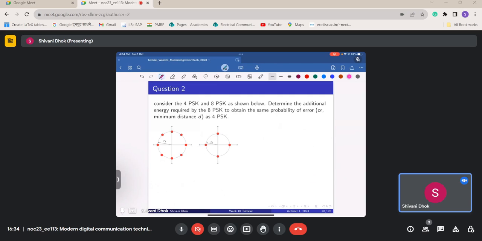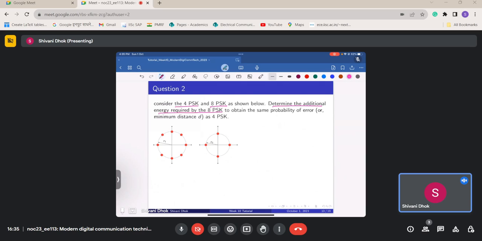Let us look at question number 2. What it says is, consider the 4 PSK and 8 PSK constellations as shown below, and we need to determine the additional energy required by this 8 PSK to obtain the same probability of error. And we had seen that the probability of error is largely dominated by the minimum Euclidean distance.